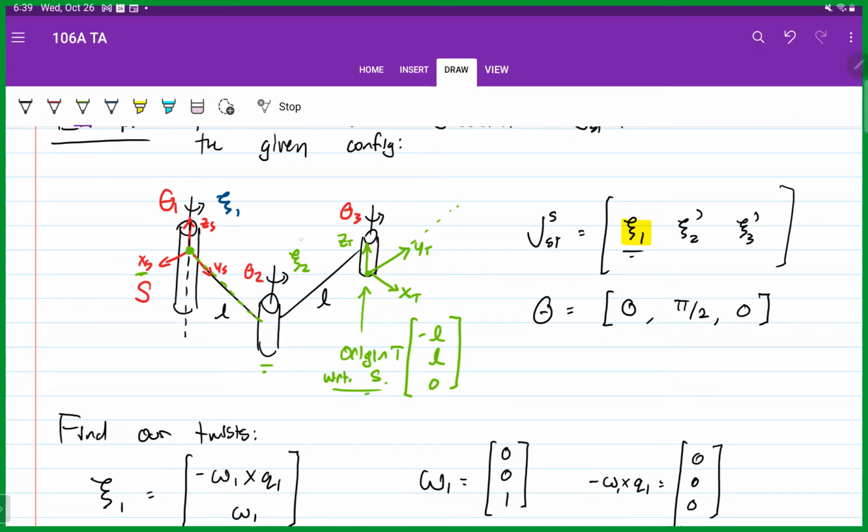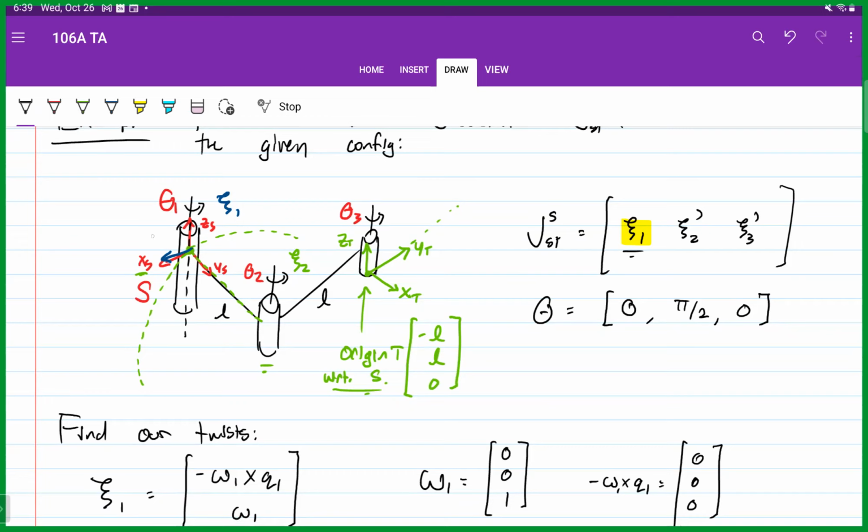You can imagine that as we spin this axis around, this point is tracing out this entire circle in space. But right at this instant, the velocity at this point is pointing along the x direction. So the velocity of that point, right when it's at the origin, is equal to that little v term in the twist.